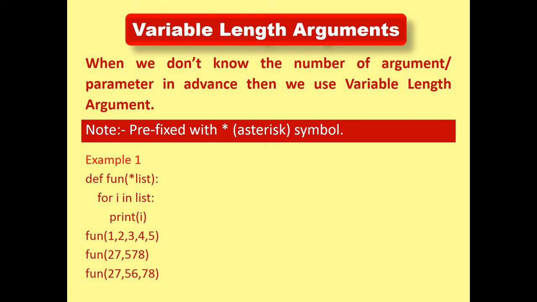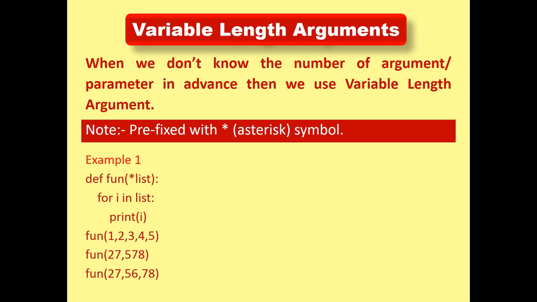My dear students, the last type of argument is called variable length arguments. When we don't know the number of arguments or parameters in advance, then we use variable length arguments. Kindly note, they are prefixed with the asterisk symbol.